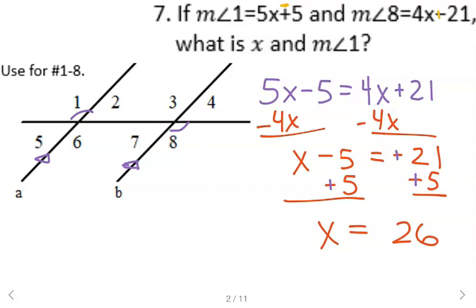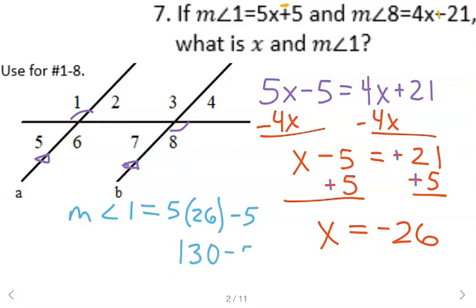All right, so the x comes out to be positive 26, and then you can plug it back in to find the measure of angle 1. It's equal to 5 times x, 5 times 26, minus 5. So that'd be 130 minus 5, 125 for the measure of angle 1.